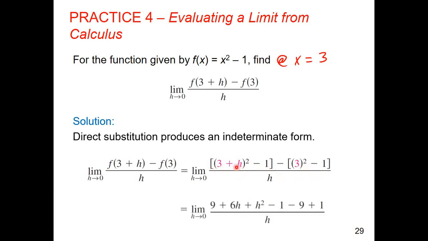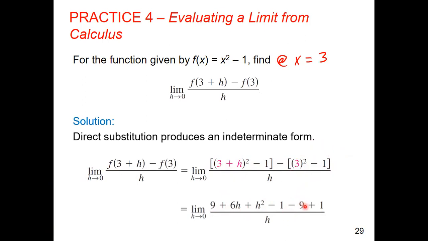Here, all I'm doing is foiling and combining like terms, right? So I FOIL, combine like terms, and I get 9 plus 6h plus h squared. Over here, I'm going to clean this up: 3 squared minus 1. I distribute here to make sure I understand: when you have a minus outside of parentheses, that applies to everything inside, not just the first term.